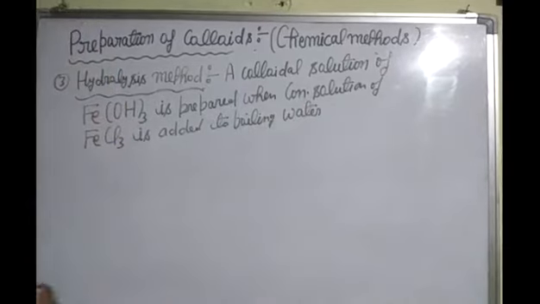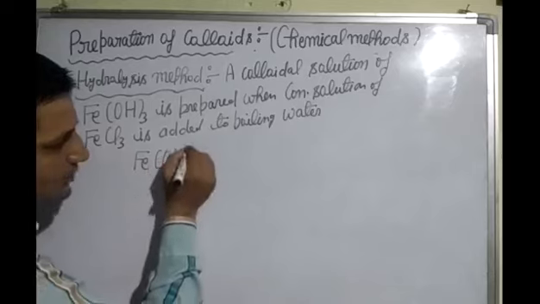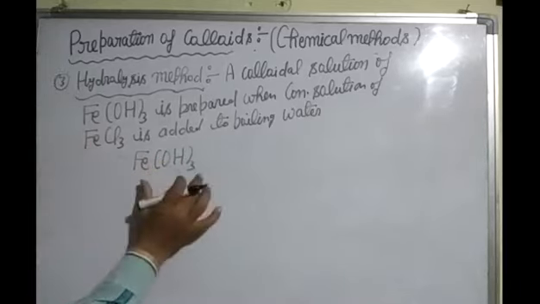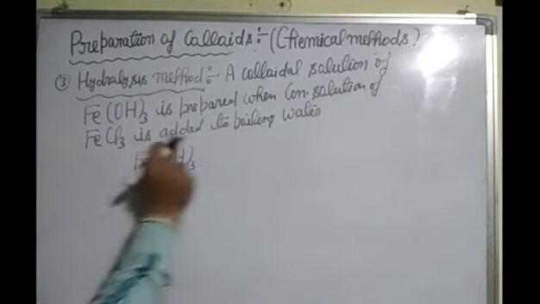So look here, this is ferric hydroxide, Fe(OH)3. Colloidal solution of ferric hydroxide is prepared when concentrated solution of ferric chloride is added to boiling water.